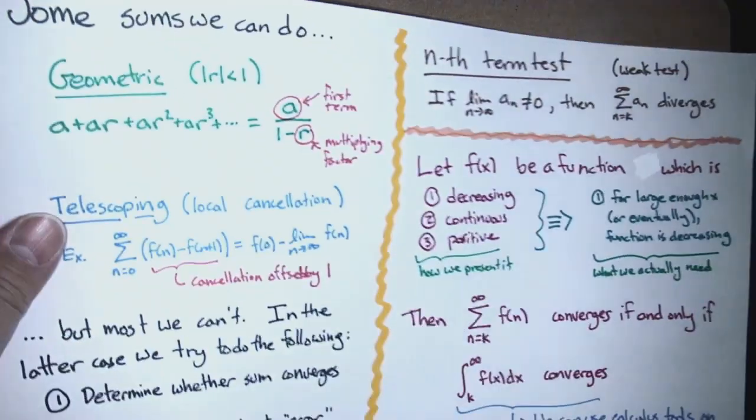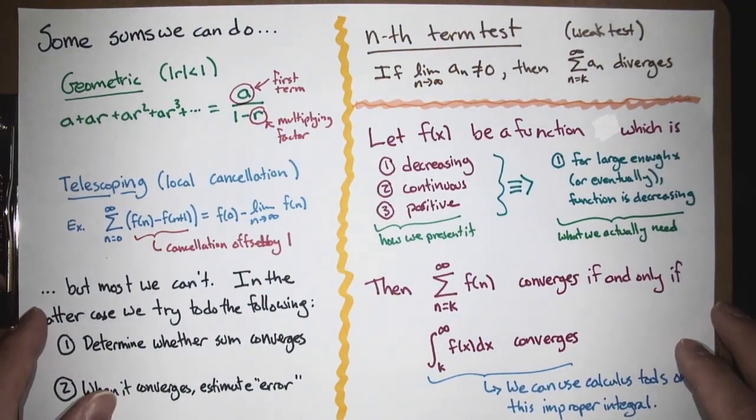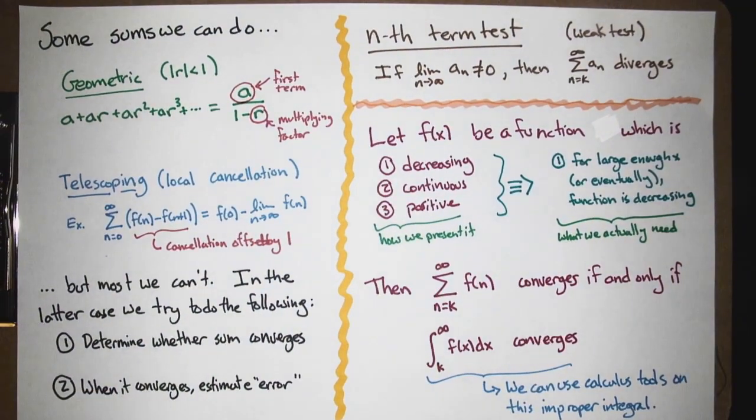We'll start with a quick reminder of what we've done in the last lecture or so, 1.5 lectures. So some sums we can do. We can do geometric. And remember, what is geometric? Geometric refers to multiplying, and the idea is that to get the next term, you multiply by r.